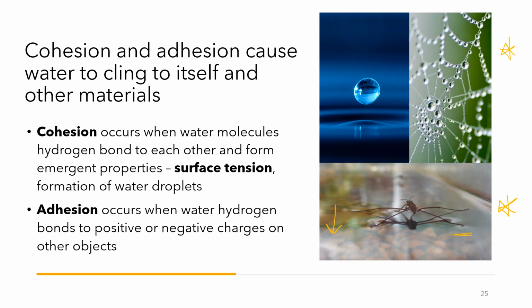Just like how if you step out of the shower, you're not magically just all the water falls off of you and you're dry. The water clings to the positive and negative charges on your skin as well. Another cool thing about cohesion is that as a result of that surface tension, water tends to form droplets. That's only because it's trying to form all these hydrogen bonds with everything around it, and that forces it to make this really cool circular shape.